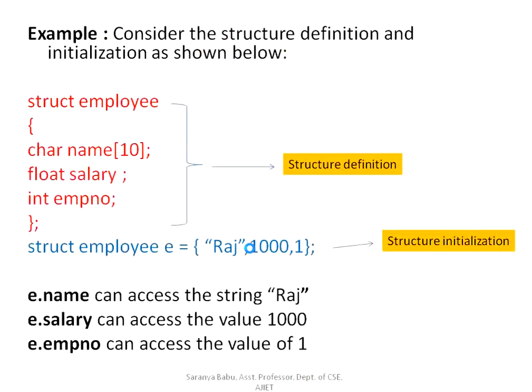Suppose there was no initialization like this, and you are asking the user to enter the value for name, salary and employee number. In that case you have to declare the structure variable. Even though initialization is not there, you are supposed to declare it. How will you declare the structure variable? Just write struct employee E in the main function, ending with a semicolon.